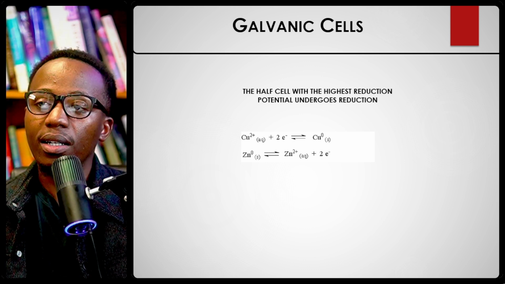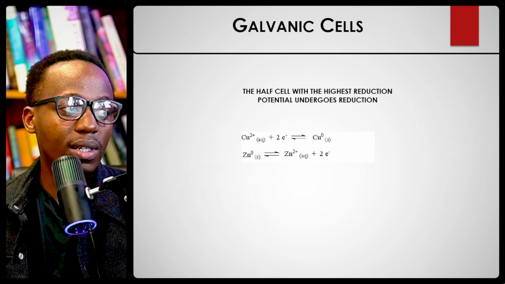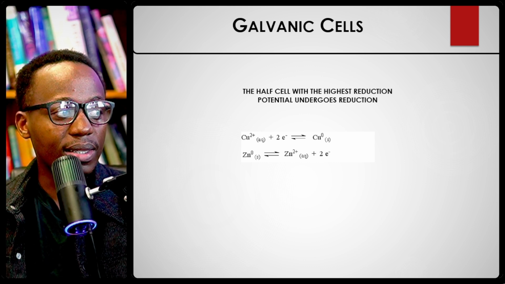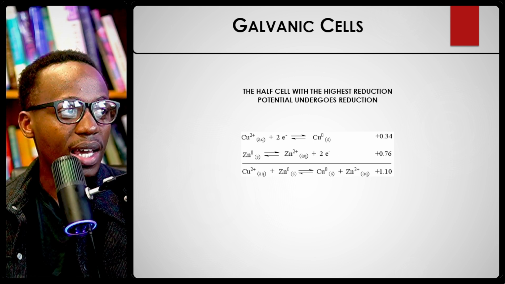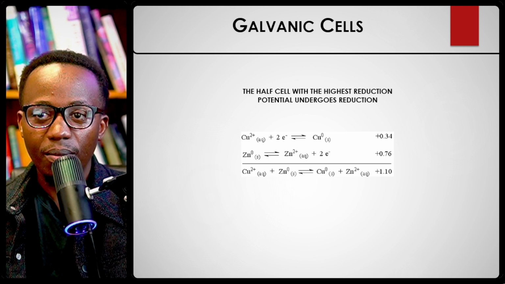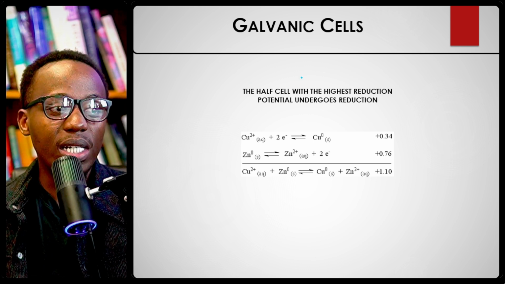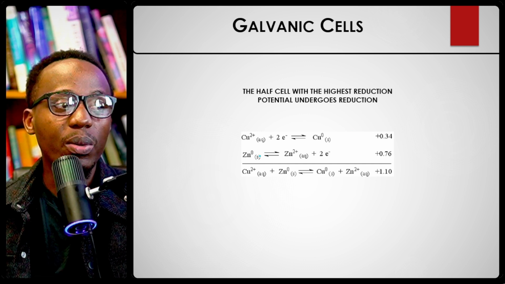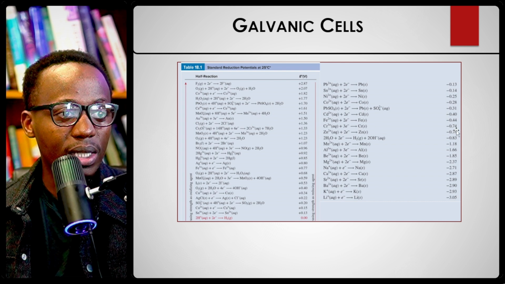So now that we know which one undergoes reduction and which one undergoes oxidation, you can go to the next step where you can find these potentials. And more importantly, this is actually a very important point: how do we measure the reduction potential of the cell? We combine these two. But when we combine these two, if we go back, we saw that zinc is negative 0.76.